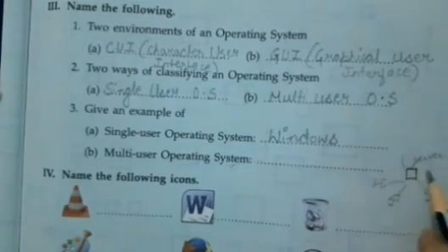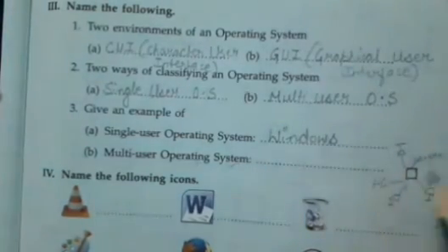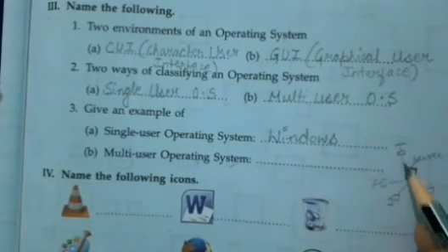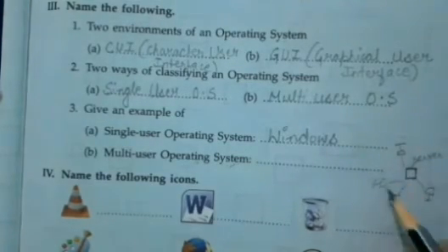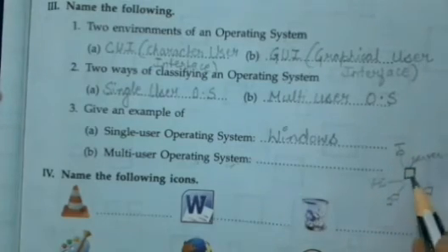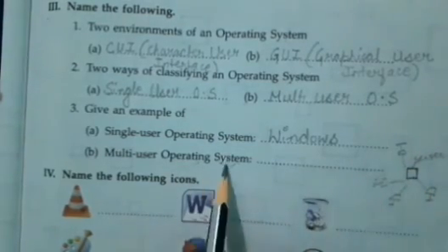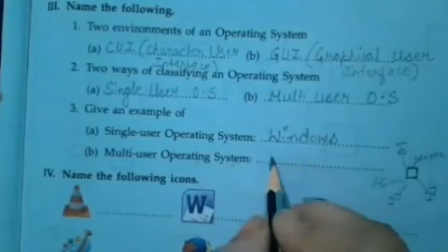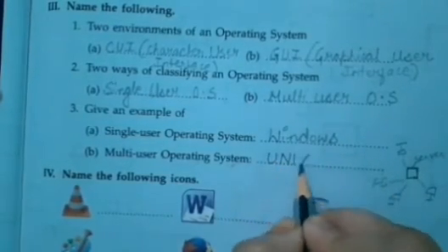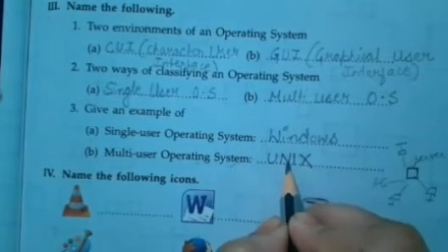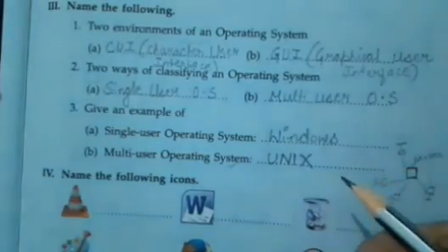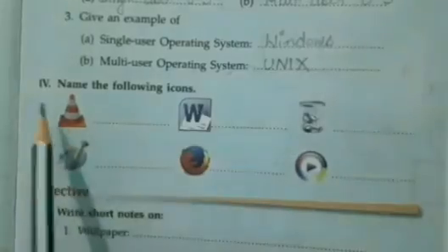So it requires a server, a central computer, which controls all the functions, all the workings of the computers which are attached to it. So an example of a multi-user operating system can be Unix or Linux. Write down Unix here, UNIX. Unix is a kind of operating system which allows more than one user to perform functions on it at a time.